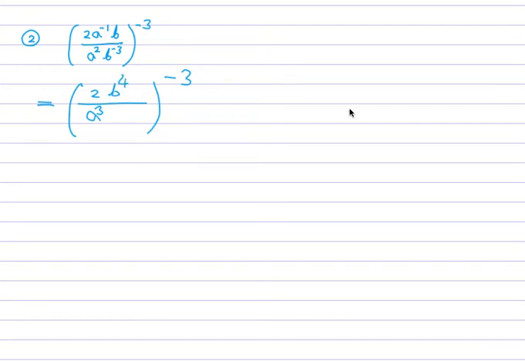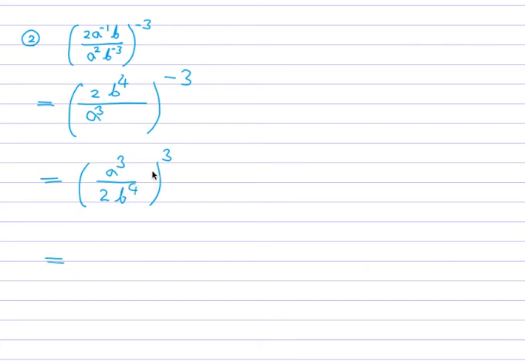Okay, now we already solved the parenthesis. Now we can convert this negative power to positive power. So we can flip, numerator becomes denominator and denominator becomes numerator. So a to the power 3 upon 2b to the power 4.